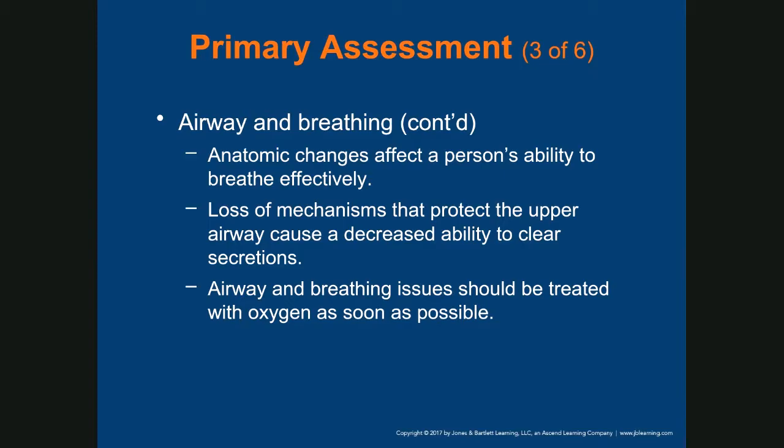Lower airway management will always be oxygen. You have to determine if it's going to be supplemental, high or low flow, or positive pressure with high flow. That will be guided by your assessment and what the assessment findings are showing.